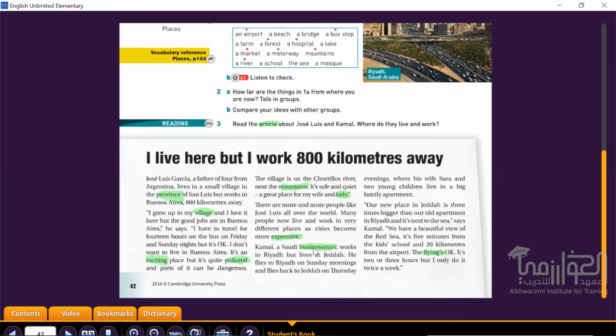He has his own work that he does by buying and selling. So that is Rajul Amal, a businessman. And then we have the last word, flying. Flying is when you travel by aeroplane, when you travel by plane. That is yatir. Okay, now we can move.